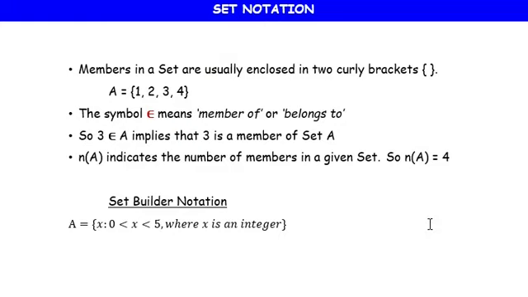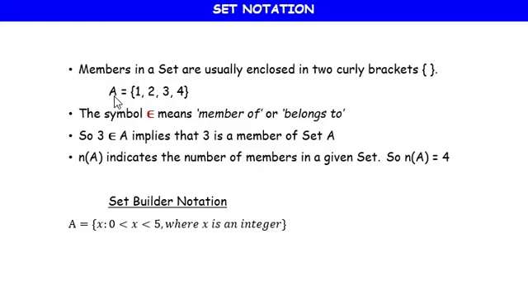Let's look at set notation. How is a set denoted? Basically, the members in a set are enclosed in curly brackets. When we have set A and want to list its members, we open a curly bracket, put all the members within the brackets, and close the curly bracket.